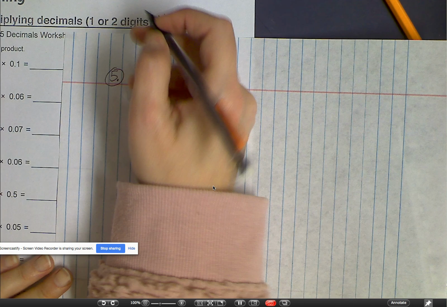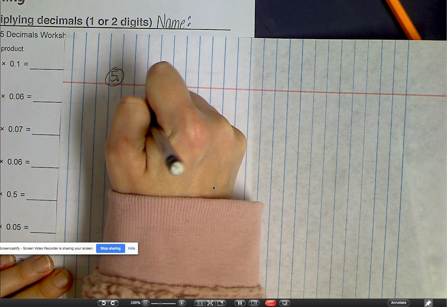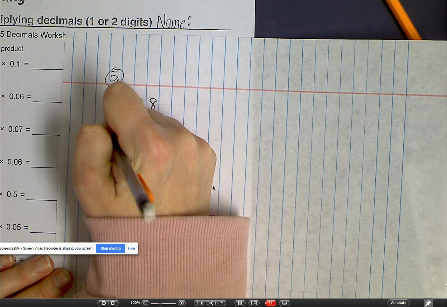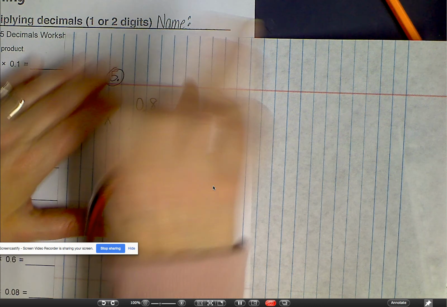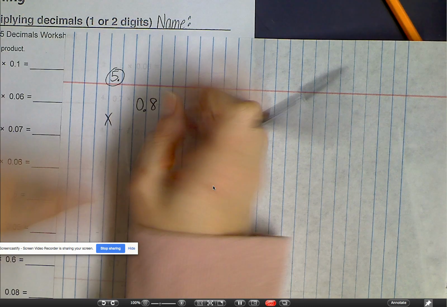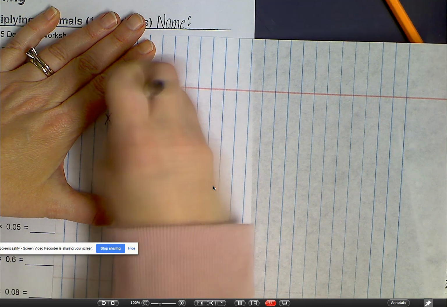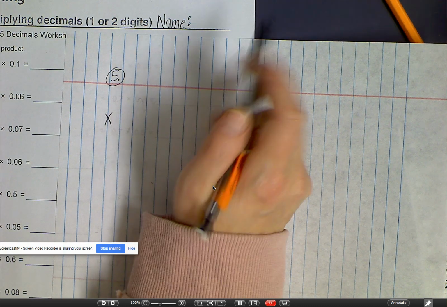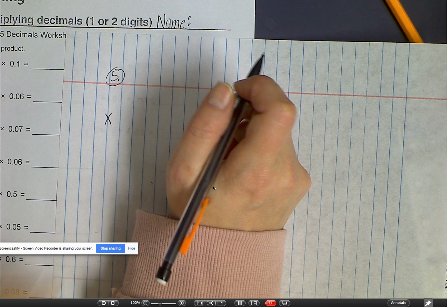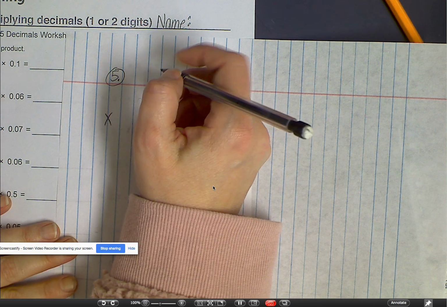All right, number 5 says 8/10 times decimal, or let's do it this way. Here's the thing, guys. When you're adding up decimals, you line up the decimal. When you're multiplying decimals, you line up the numbers.